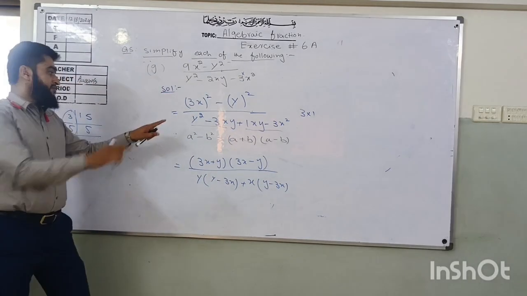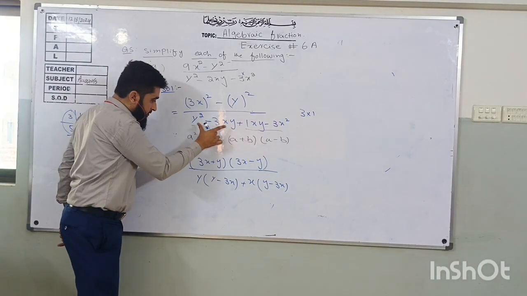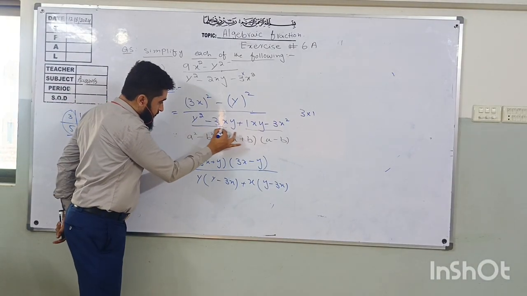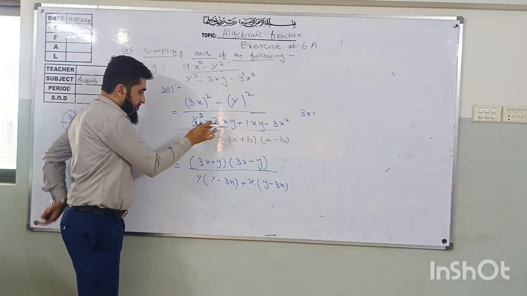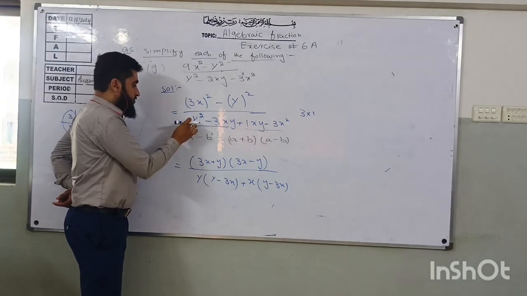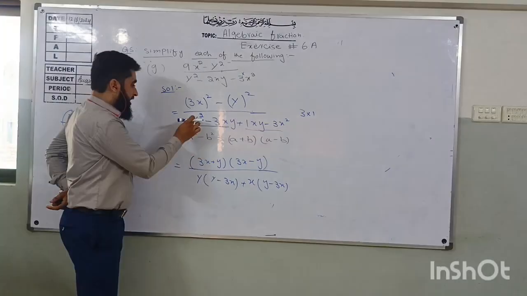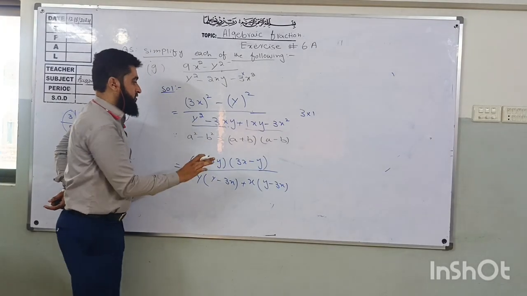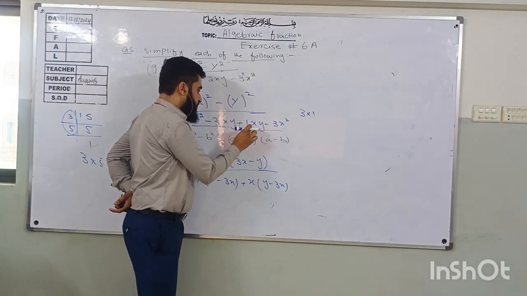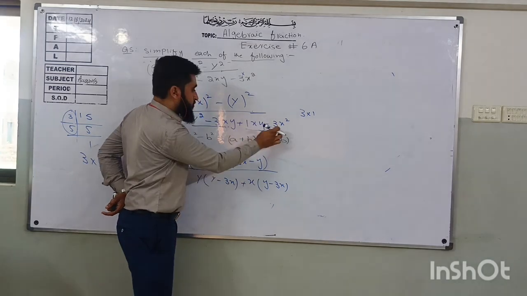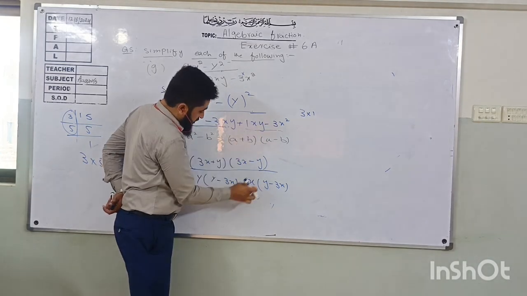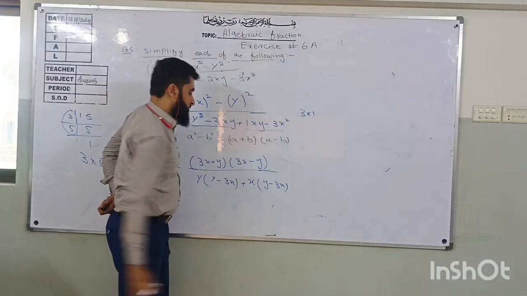You may focus again on this group. We took y common and y is remaining minus 3x. Next, in the next group we took x common because both terms have x, so remaining is y minus 3x.